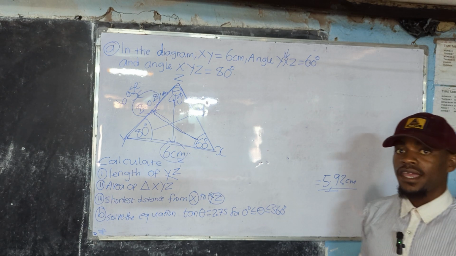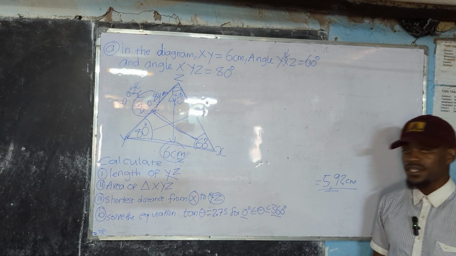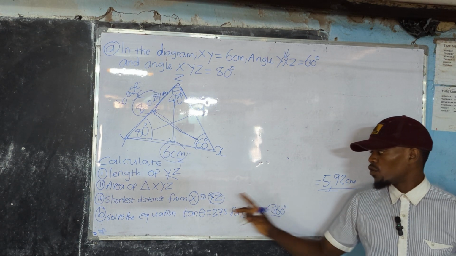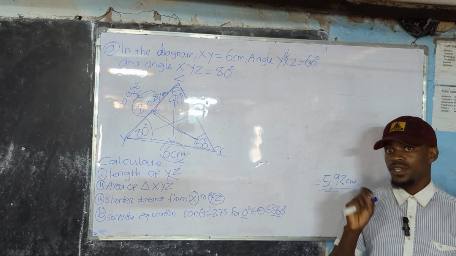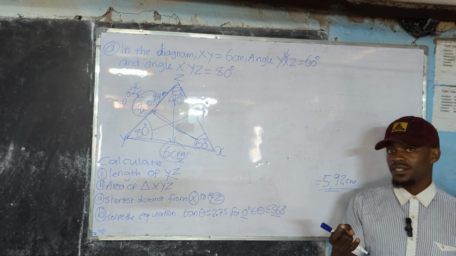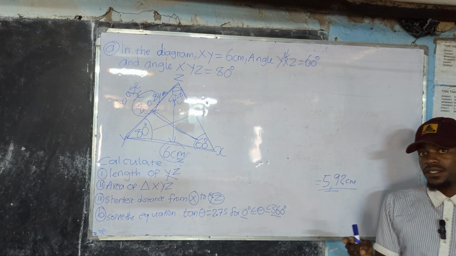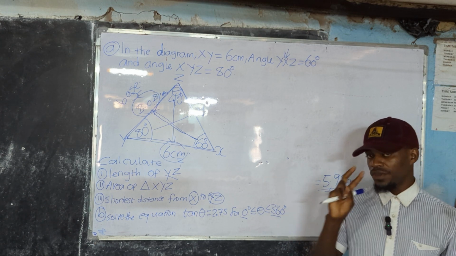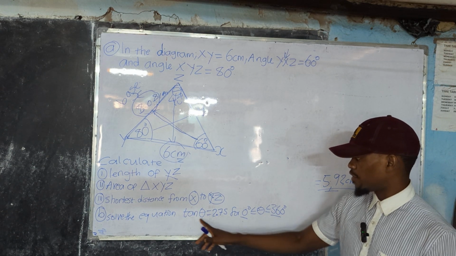So now, since we are given a range from 0 up to 360, it means we need to find the two angles for tan in which the tan is positive. So tan is positive in the first quadrant and in the third quadrant. First quadrant 0 to 90. Third quadrant is 180 to 270. So we need two angles from those two quadrants.